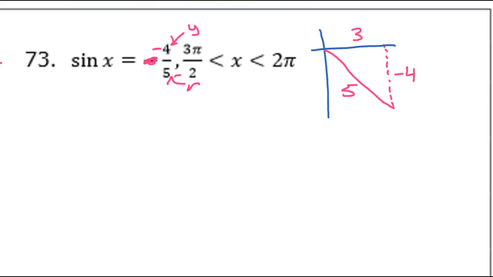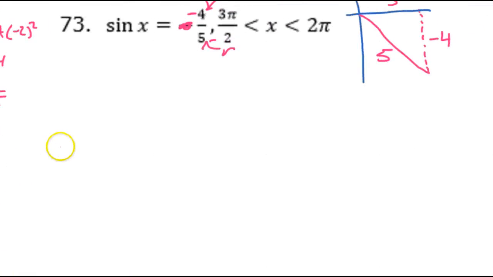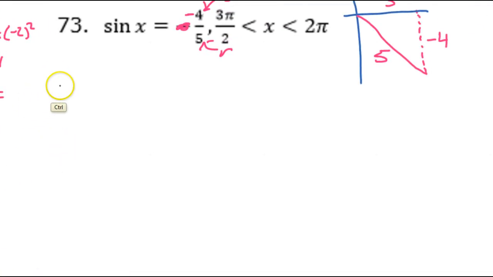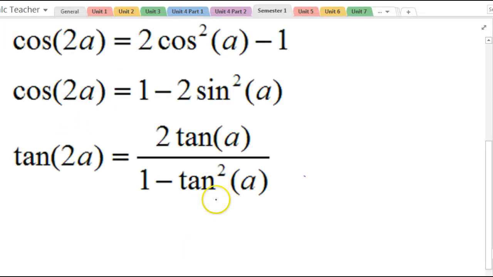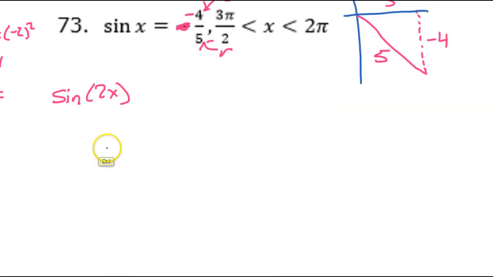Okay, so let's go ahead and find, let's see, I'll do this the same colors as last time. So first we're supposed to find the sine of 2x. And again, the formula for sine goes 2 sine cosine. So that's going to be 2 sine x cosine x.